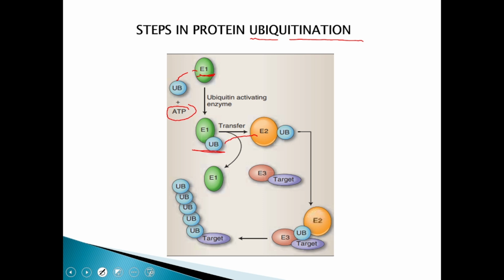And then in the third step, the E3 enzyme, ubiquitin ligase enzyme, works, where it is already attached to the protein that needs to be degraded. It takes the ubiquitin from E2 and a bond is formed between the protein and ubiquitin. Glycine of ubiquitin makes a bond with lysine of the protein, and that is how the protein gets a ubiquitin molecule. And this keeps on happening again for the second molecule of ubiquitin, the third, the fourth, and so on. The same three-step process will keep on happening.